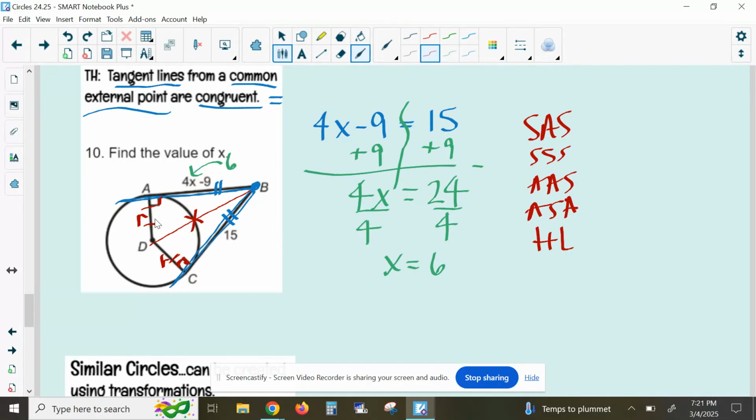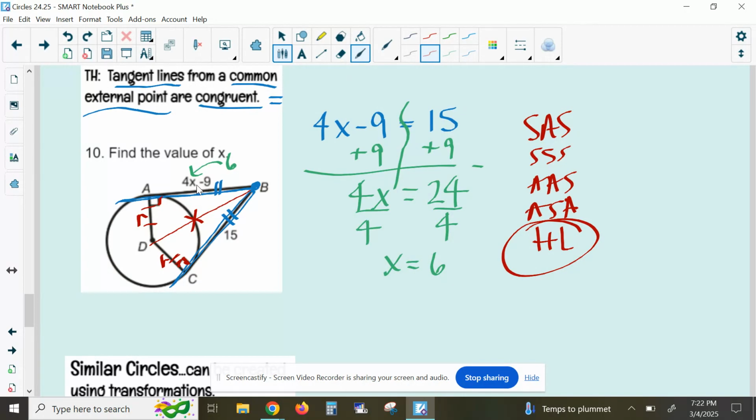If I take a look at these two triangles, even if I didn't have the blue in this theorem, I could say I have a right angle because these are both tangent lines. So the tangent and the radius do form a right angle. I have all radii of this circle being congruent in length. So I would have the reflexive property in the middle. So these two triangles are congruent by hypotenuse-leg, right angle.